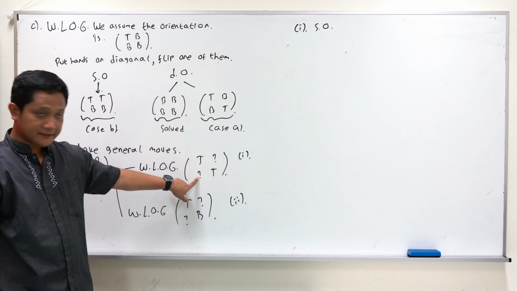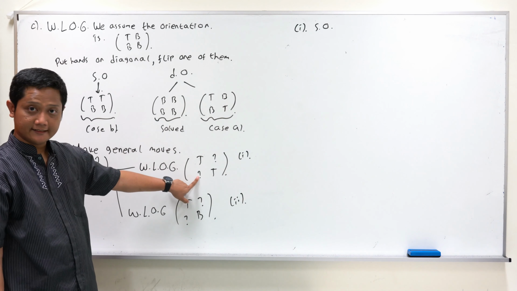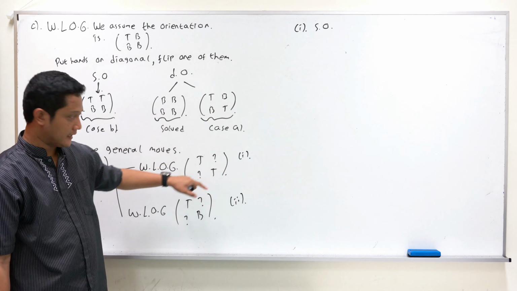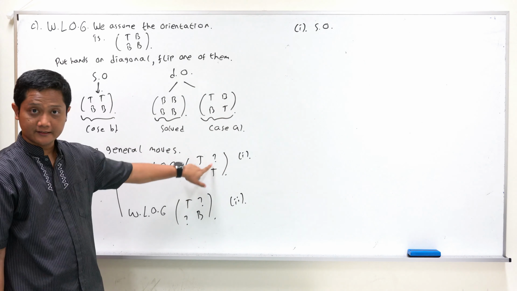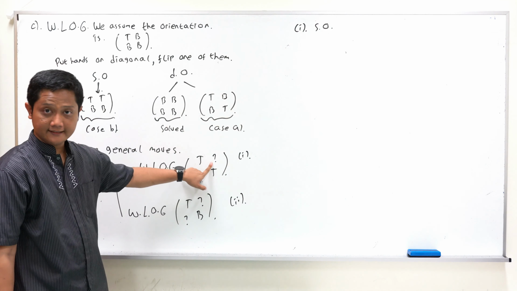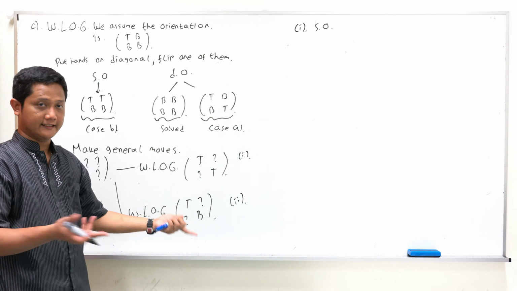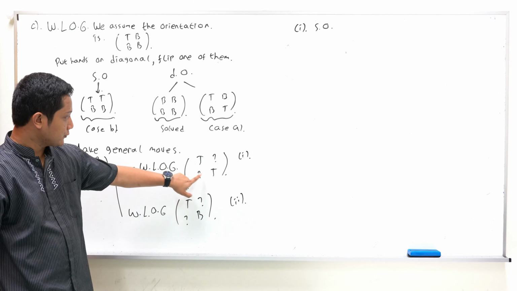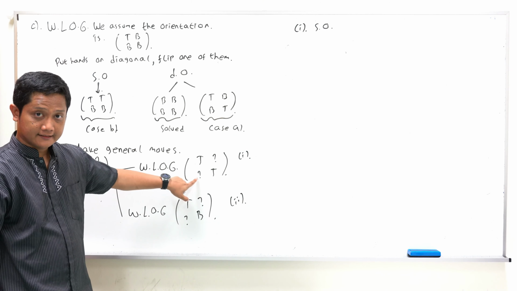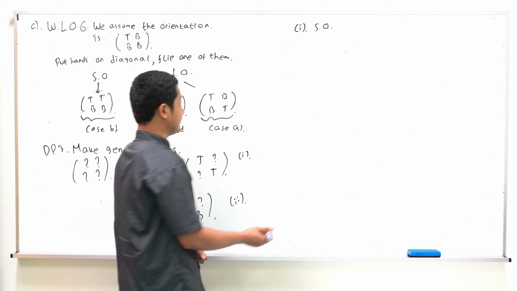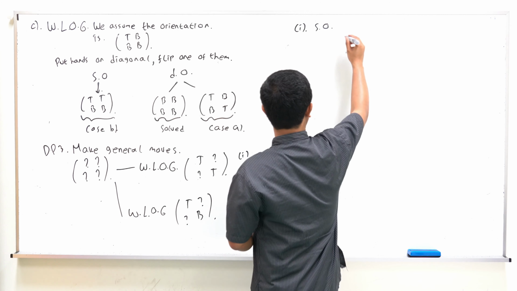So this one must be B or T, this one B or T, but both cannot be T. Because if both of them are T, then the light is on, the game ends. So at least one of them must be B. So we have two cases.